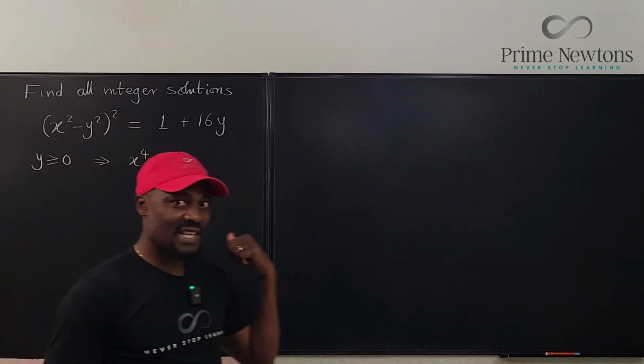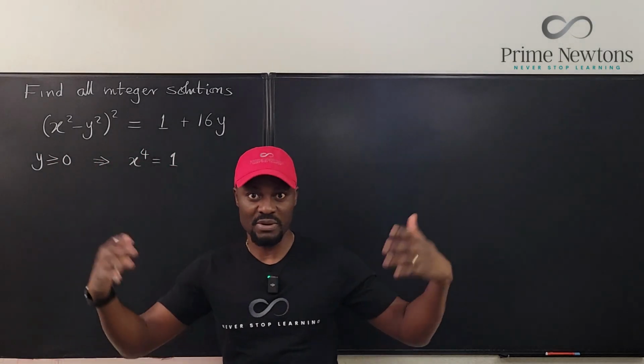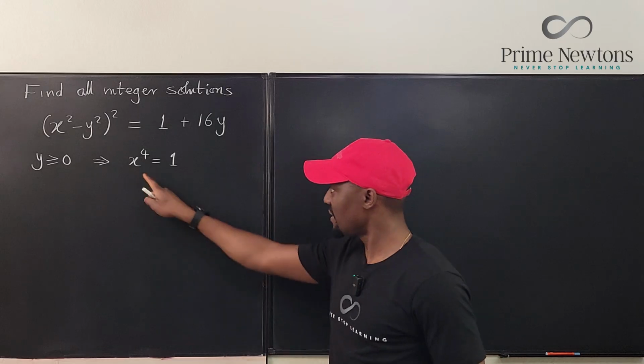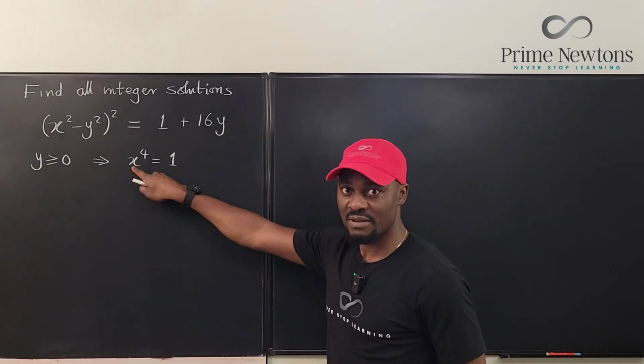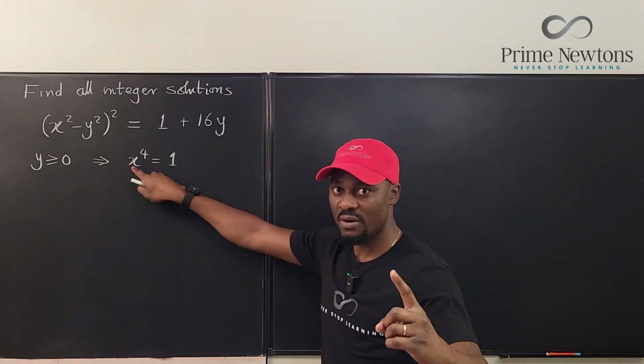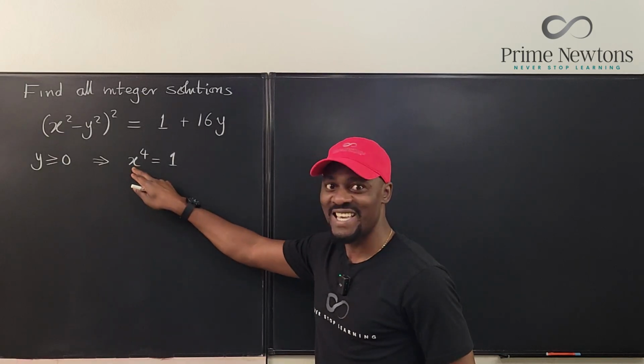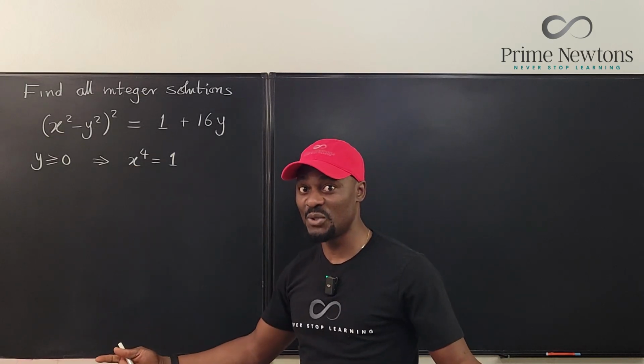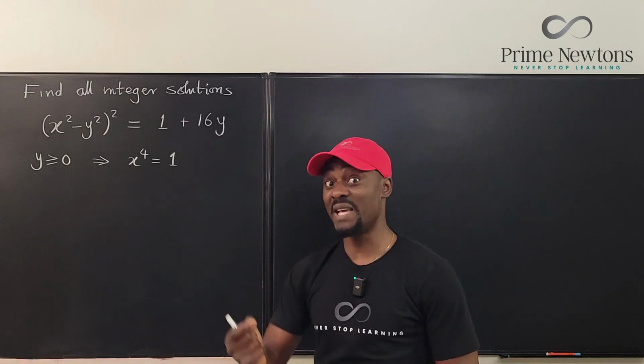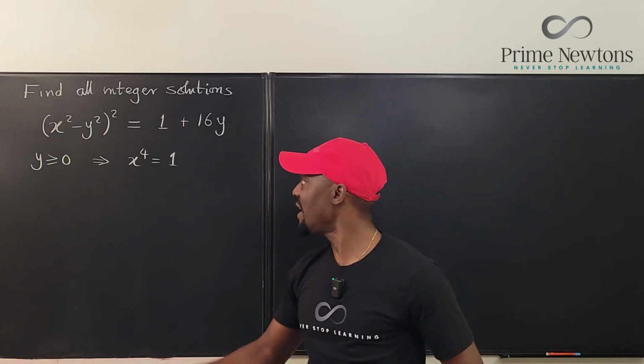And if x is an integer, we're not looking for complex solutions, then x must be 1 or minus 1. So immediately you can already see that we found a set of solutions just by that simple basic reasoning, okay?